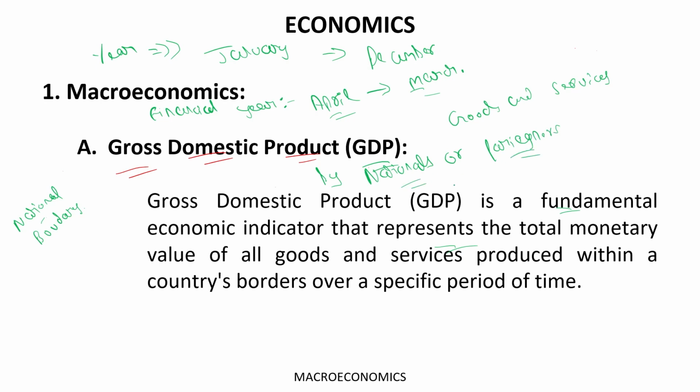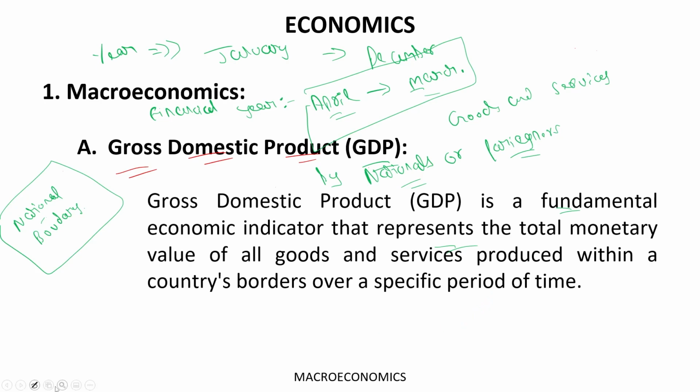Whether the producers are nationals or foreigners, if they are producing goods and services within the national boundary during April to March, the total monetary value is known as the GDP.